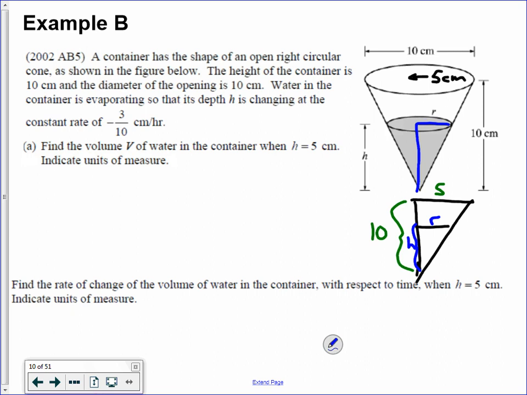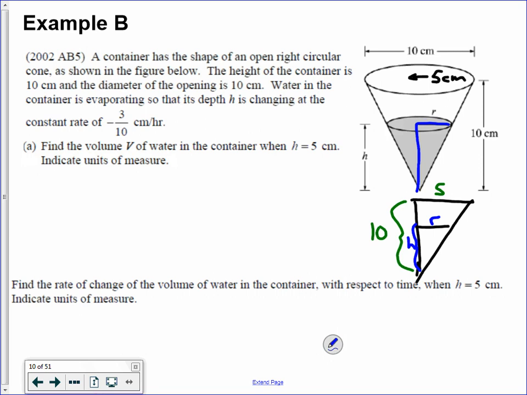Okay. All right, so the first part, just like yesterday's, they try to lead you into getting some numbers you're going to need. It says, find the volume of water in the container. Oh, wait, we didn't translate anything yet. Maybe we should do that first. Okay, they gave us a derivative.